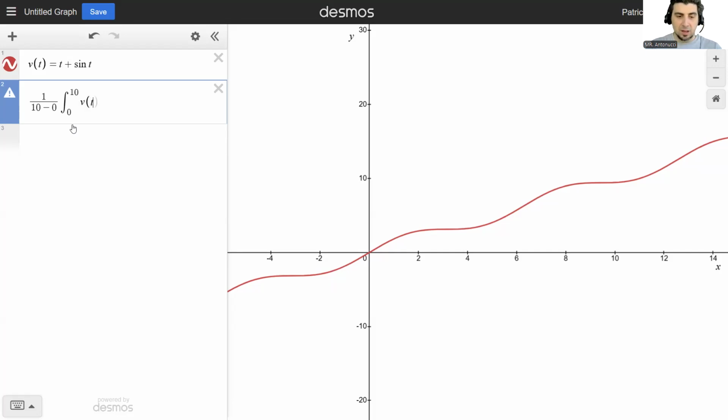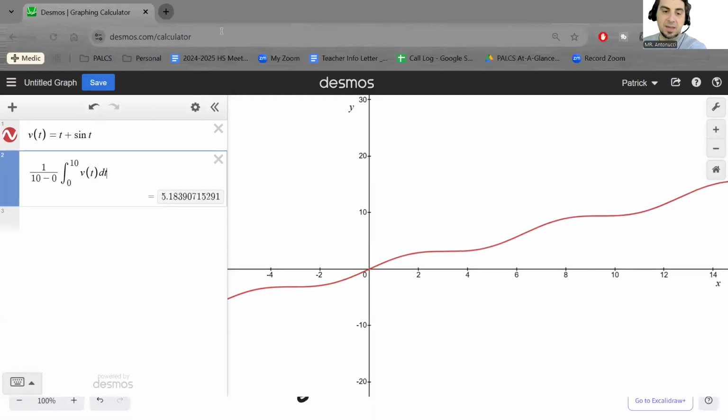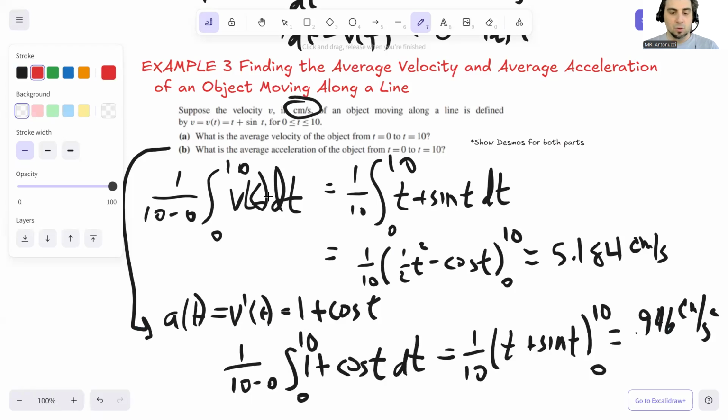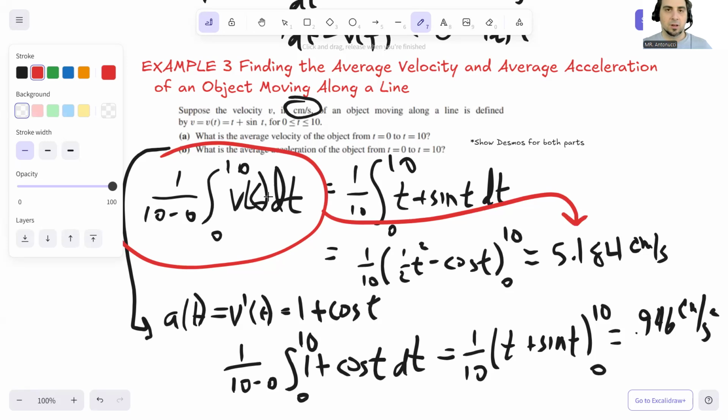And then v of t dt, and you get 5.1839 or 5.184. Okay, now again, on the AP exam, it's enough to write the notation that we have right here and then go straight to the answer if you're allowed to use the calculator. And similar thing with the second question as well.